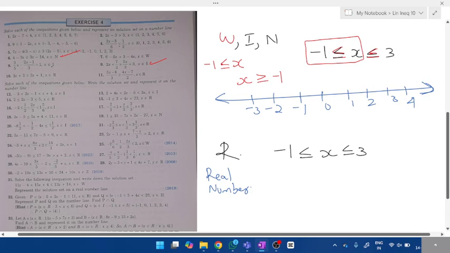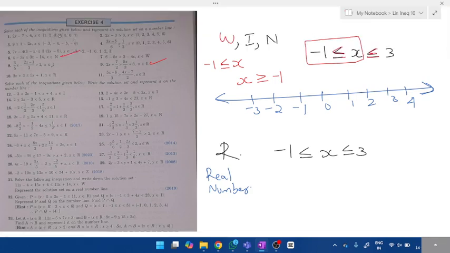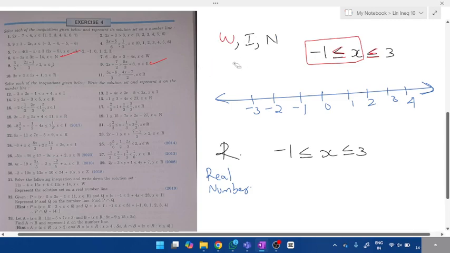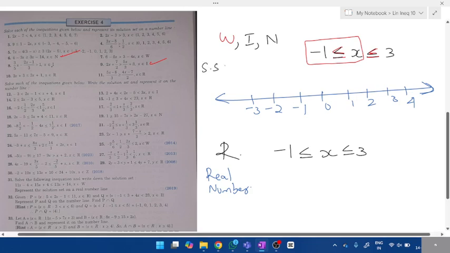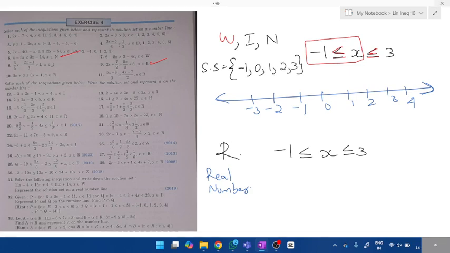So what are the values I have to plot? What is the solution set? Solution set: -1, 0, 1, 2, and 3.